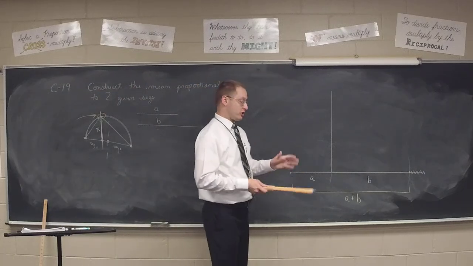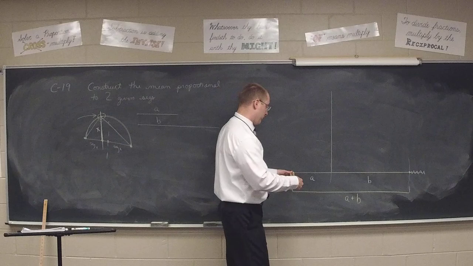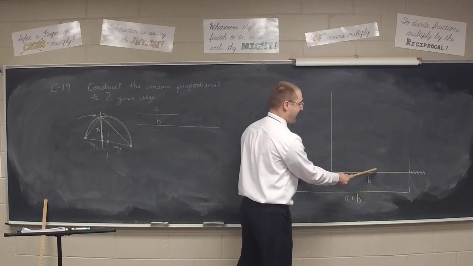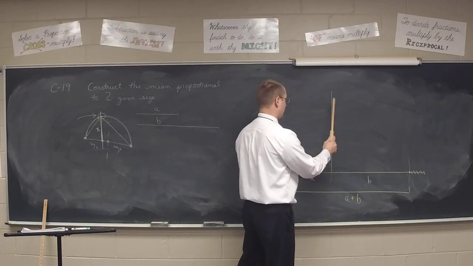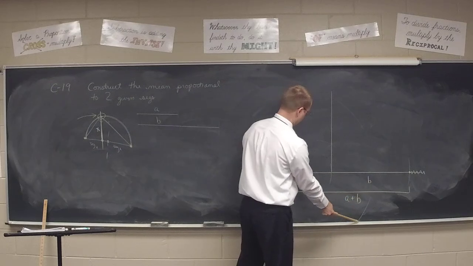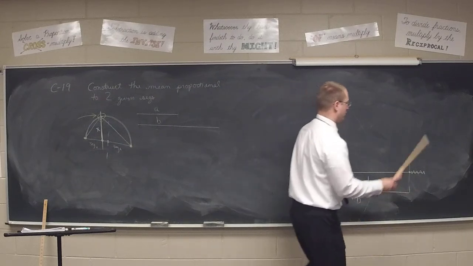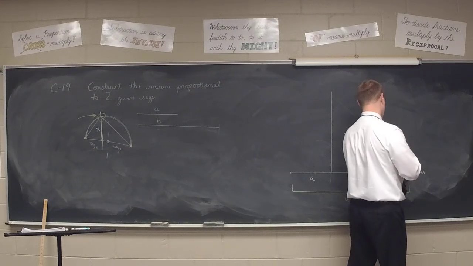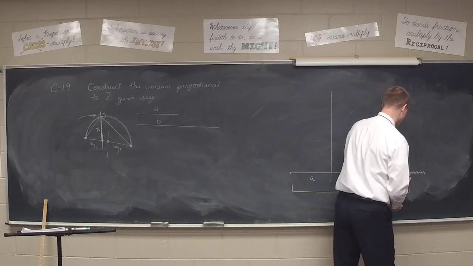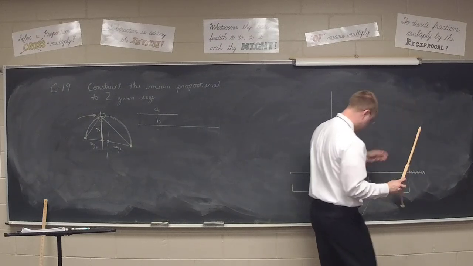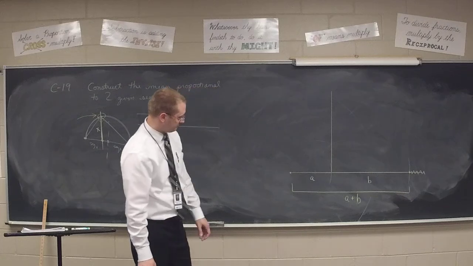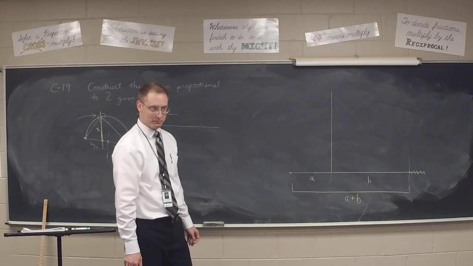So remember, for construction 1, you had to go to one end of A plus B, open it more than half, and then make an arc above and an arc below. Go to the other end of A plus B, make an arc above, make an arc, oops. See a problem?